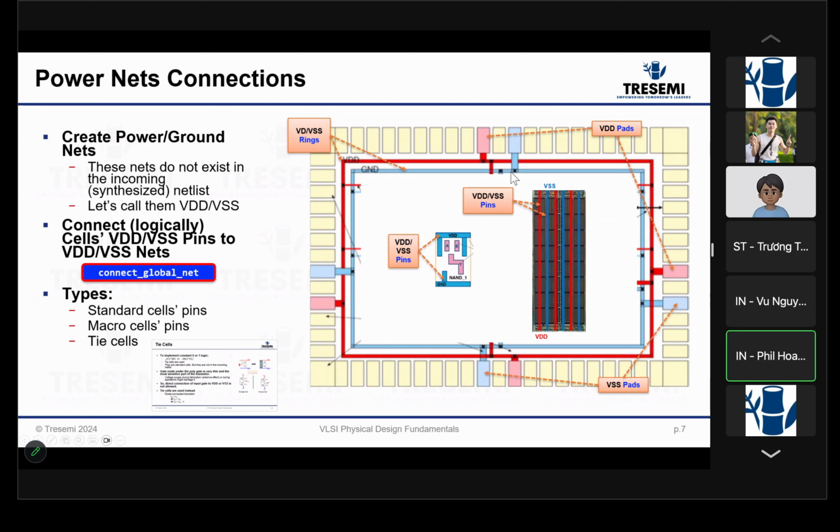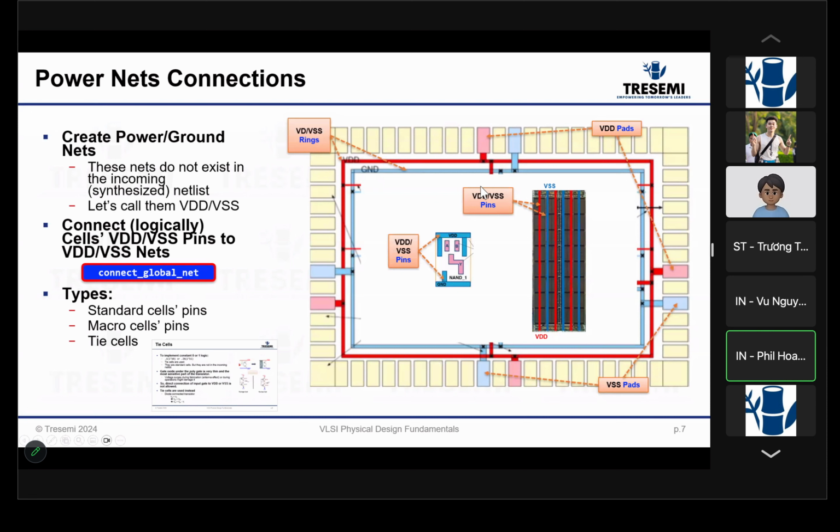So the closer you are to the path, the smaller the IR drop. If you have small IR drop, you can tell it's better for your speed and sometimes power as well. So okay, that's good.